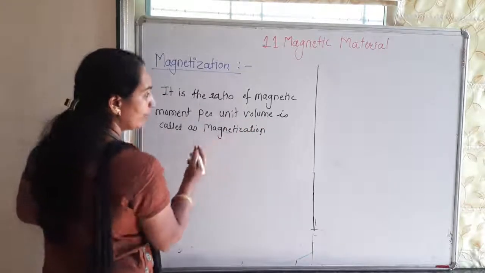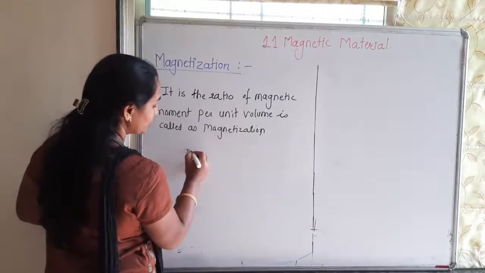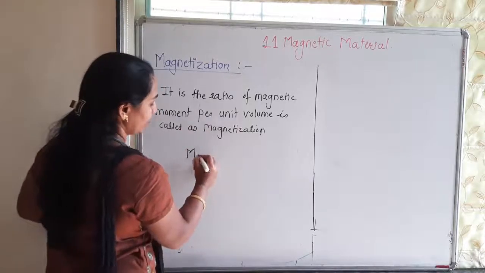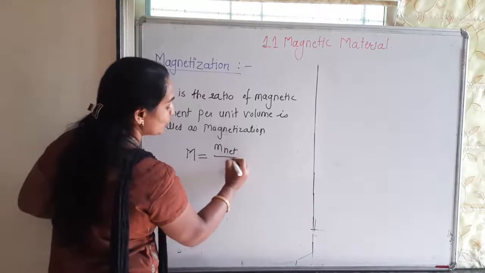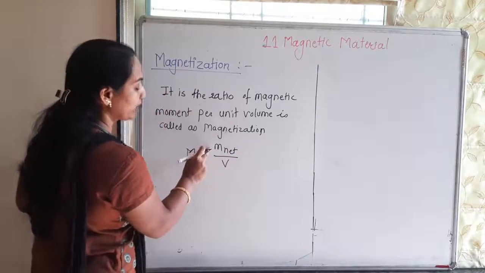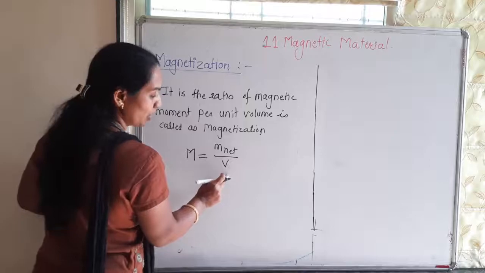Its symbol is capital M, and the formula is M equals m net upon volume. M net means magnetic moment per unit volume.